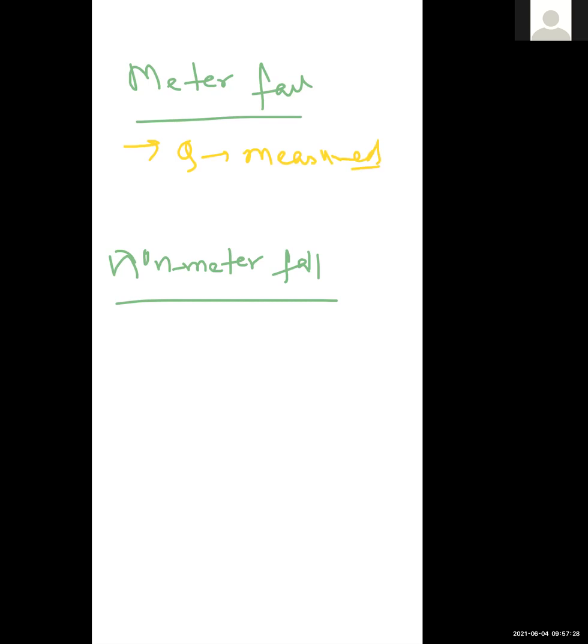So if a canal fall can measure the discharge, then that fall is termed as meter fall. And if a canal fall cannot measure discharge, then that type of fall is termed as non-meter fall. Okay, clear to everyone, meter and non-meter fall.